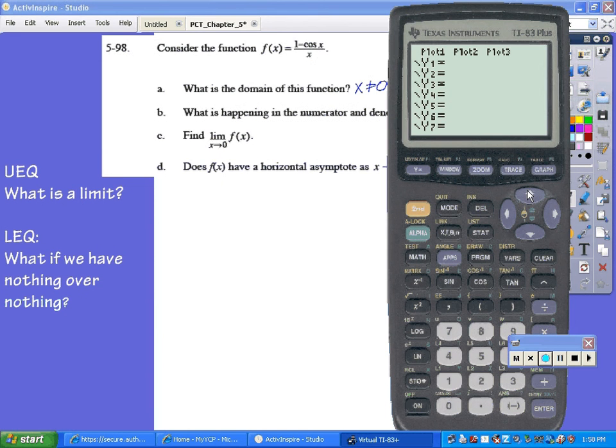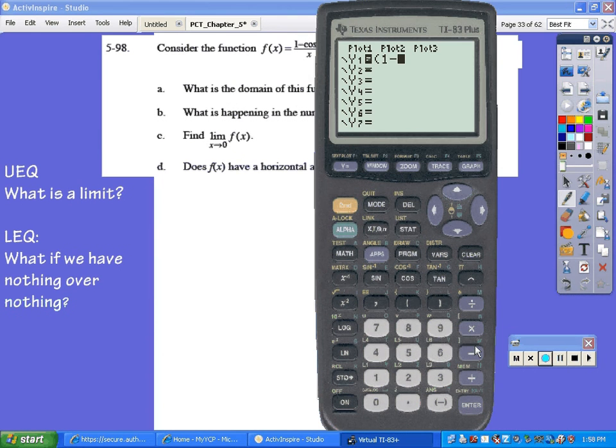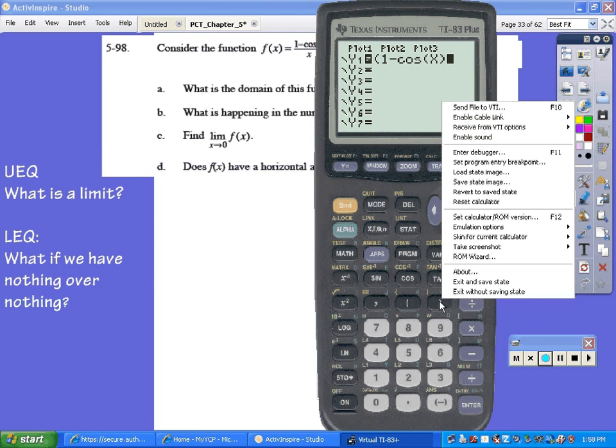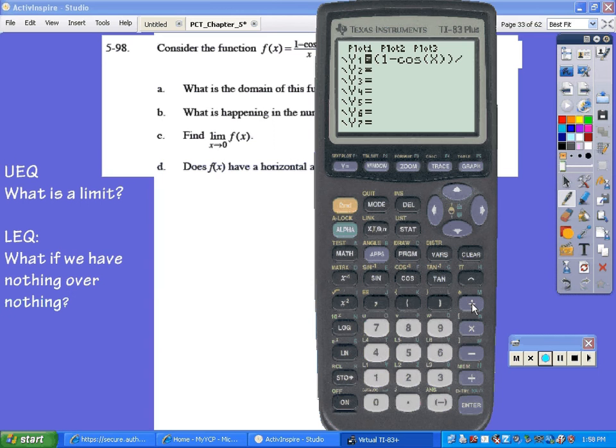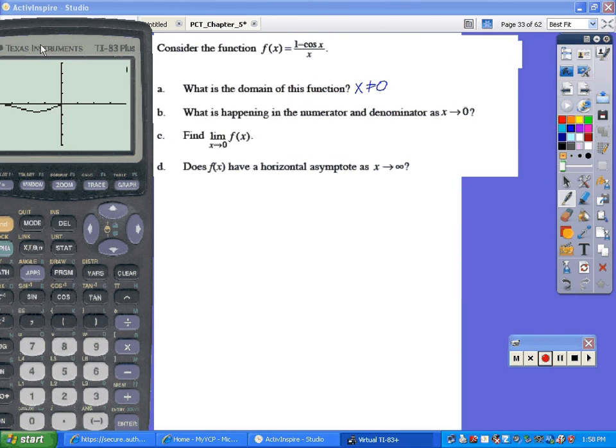Okay, but if I do go to my graph, use parentheses around that numerator, 1 minus cosine of x. Make sure I close both sets of parentheses here, divided by x. I can zoom trig that, see what it's going to look like. It sort of looks like a little bit of a stretched out cosine graph.